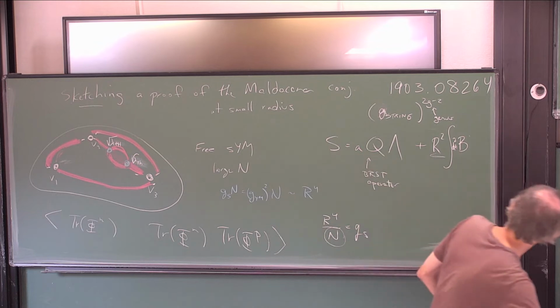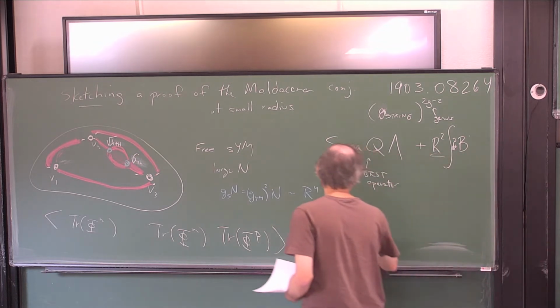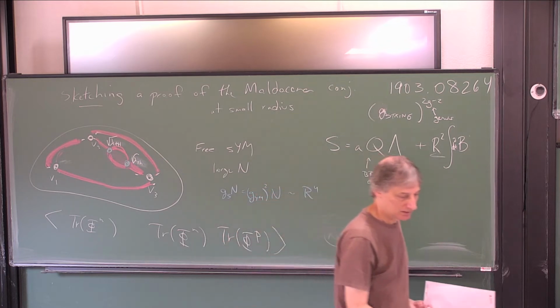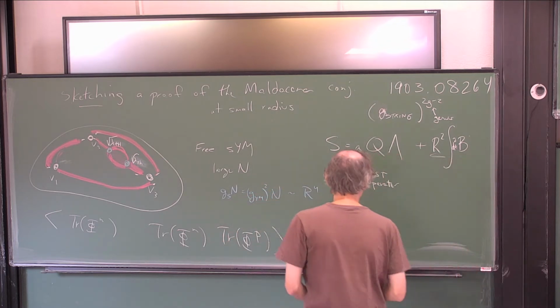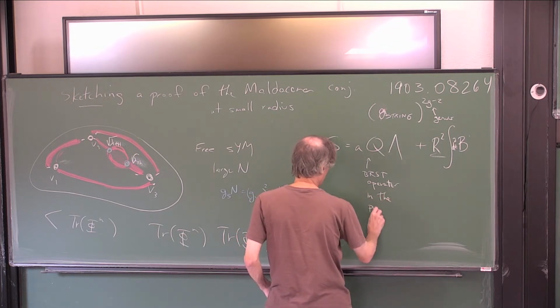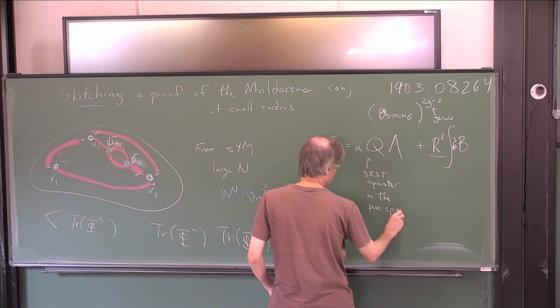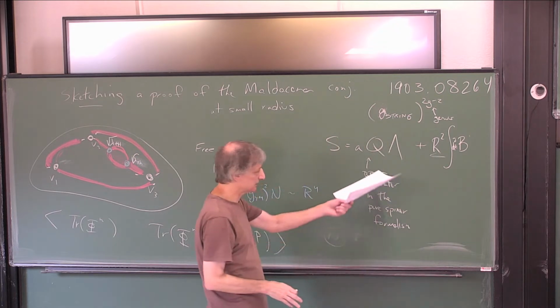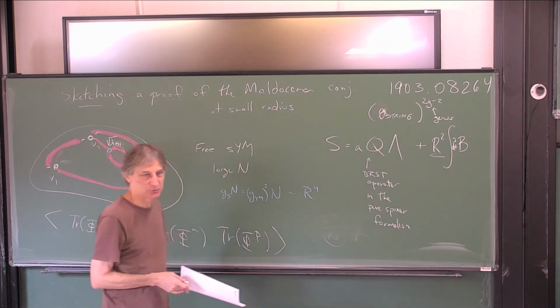Okay, so now, of course, I have to tell you what Q and P are. That's going to come later, but Q is going to be related in the pure spinor form. I think of the pure spinor form as a realization of this, but there might be some other way to realize what Q is.